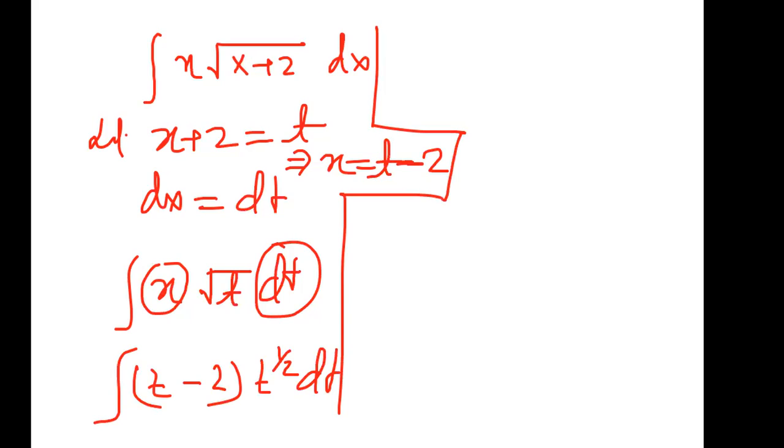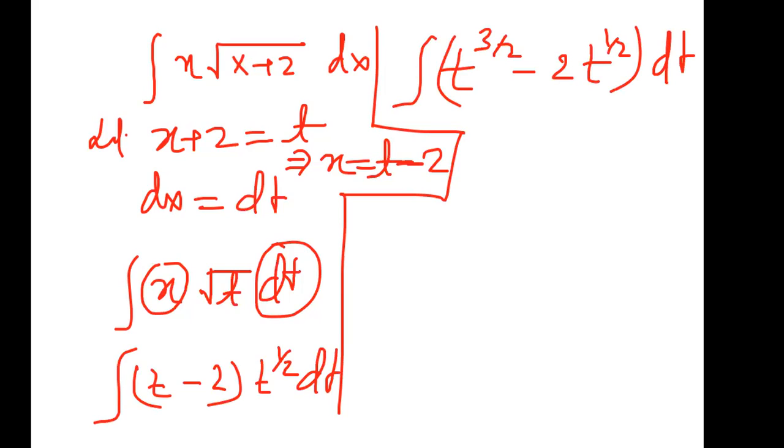I could write it as t to power 3 by 2 minus 2 times t to power 1 by 2 dt. It will be integral t to power 3 by 2 dt minus 2 times integral t to power 1 by 2 dt.